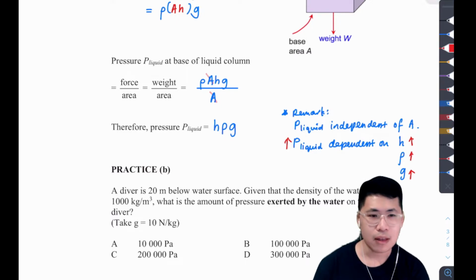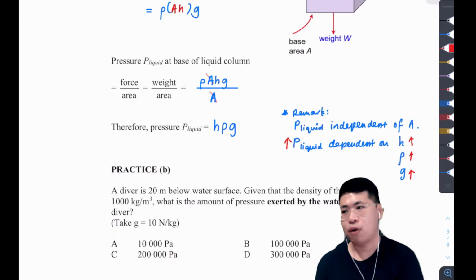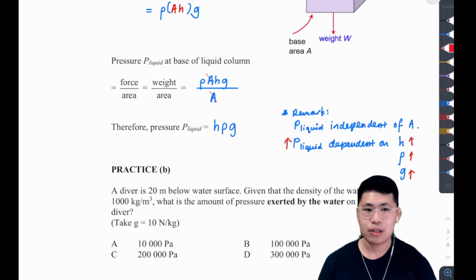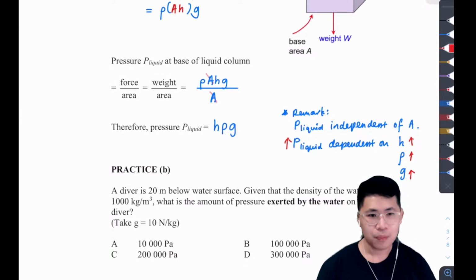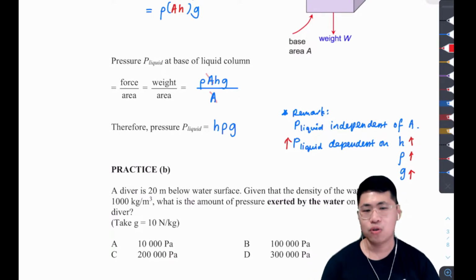Now, when it comes to combined science questions, are we going to memorize this formula? Do we need to apply this when the question comes? My answer is no. So far we have questions in combined science that will ask you to calculate the pressure in the liquid.